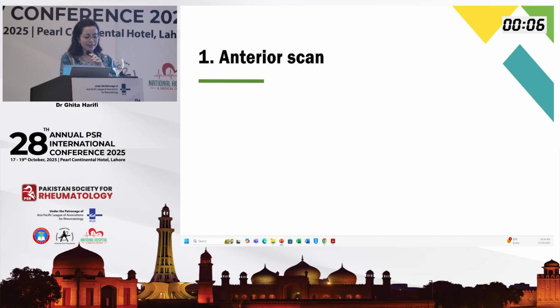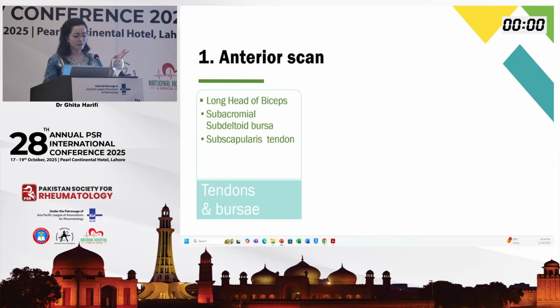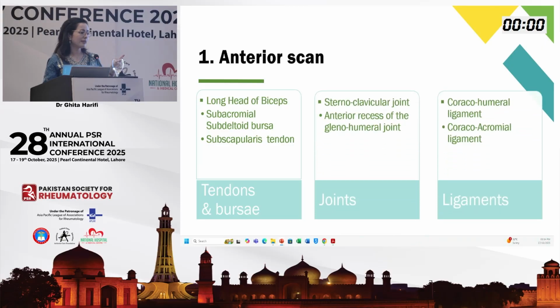Like I said, let's make it simple. When I come to the anterior scan, I have to ask myself, what are the structures that I will be able to scan? There are many. I group them here in tendons and bursa, and joints and ligaments. However, most of the time, what you are required to scan is 2 tendons and 1 bursa on the anterior aspect.